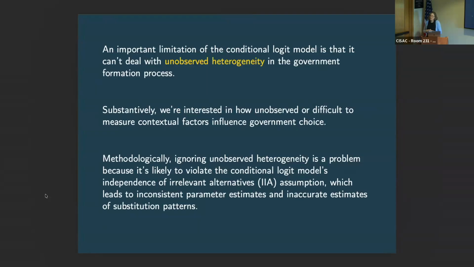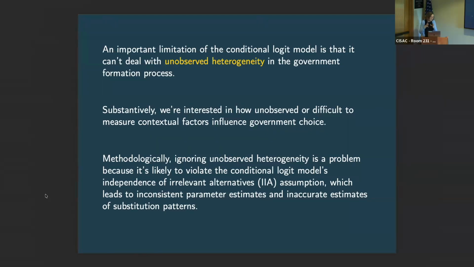The key limitation of the conditional logit model is that it doesn't allow us to deal with any unobserved heterogeneity, any unobserved factors that might influence why some potential governments might be more or less likely to form than others. And this has substantive and methodological issues. Substantively, we know from country experts and case studies and qualitative work that there are a lot of contextual factors, there are idiosyncratic things that affect how a particular government formation process works.